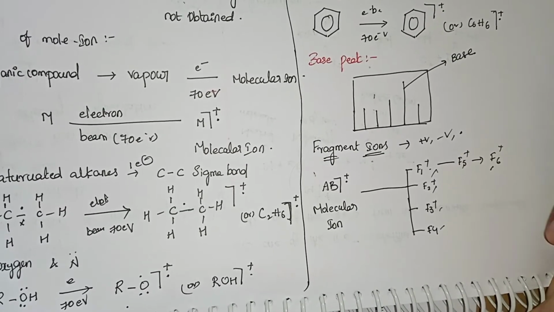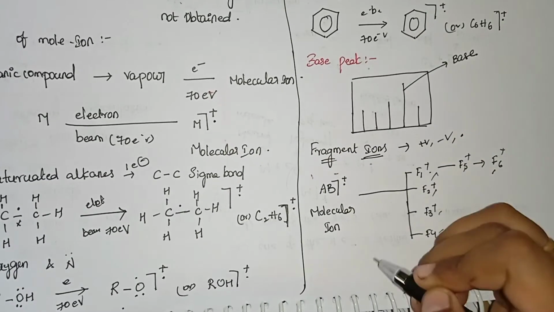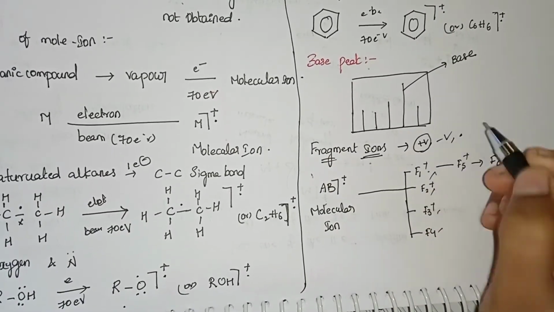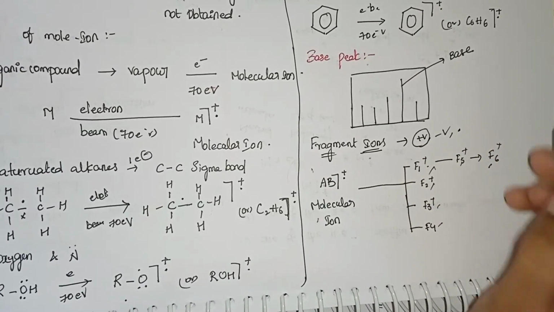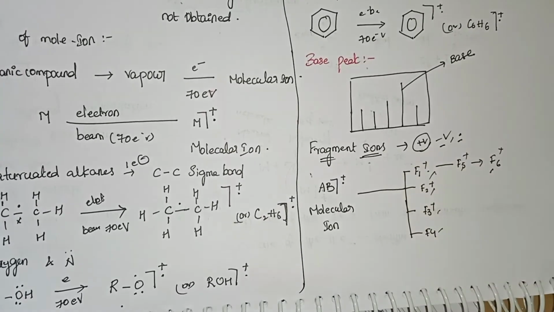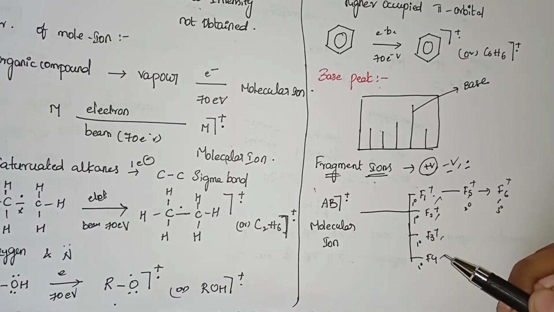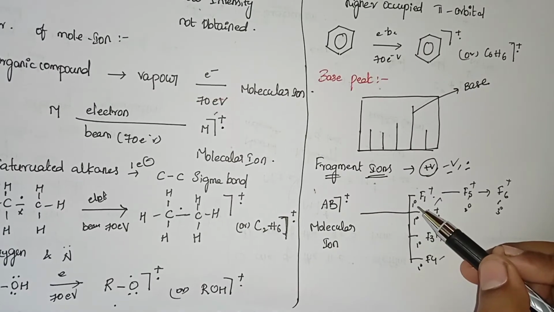Mass spectrometry detects only positive ions; it does not detect negative ions or radicals. Among fragmented ions there are primary, secondary and tertiary fragmented ions. A fragmented ion obtained directly from the molecular ion is a primary fragmented ion.